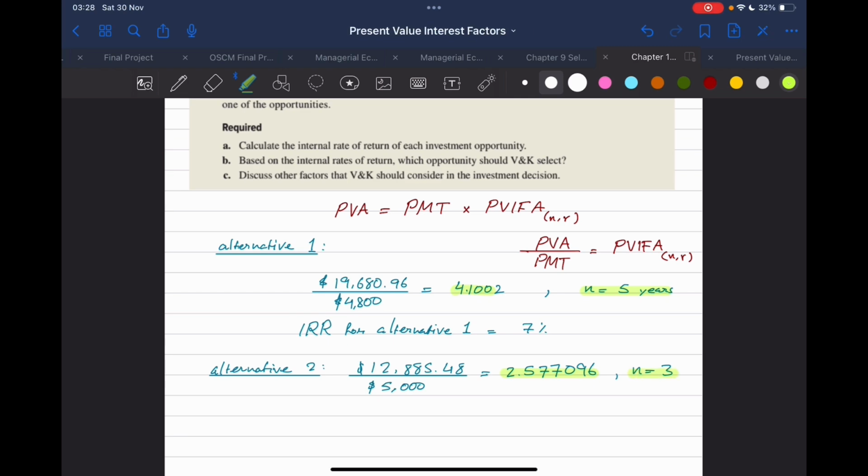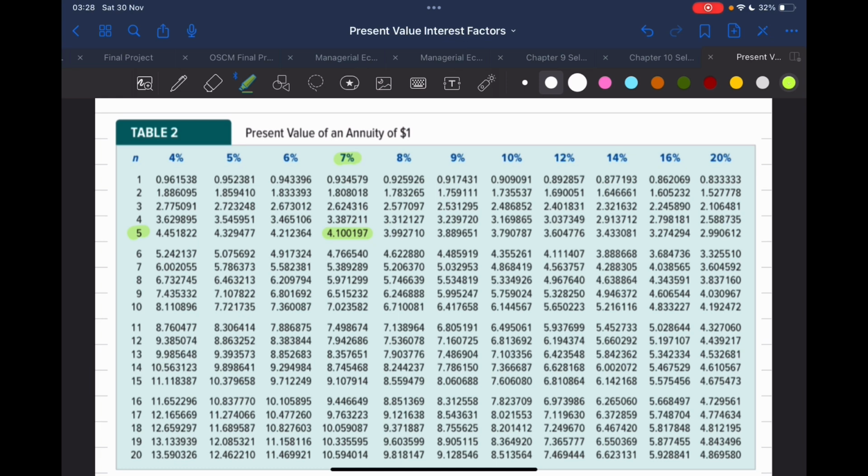So we go to table number 2, and at n equals 3, right here, we go across and we try to find our interest factor, which is 2.577096, which is approximately this right here.